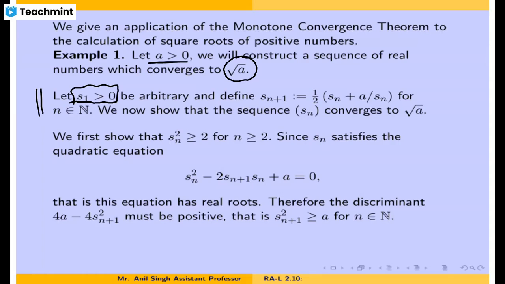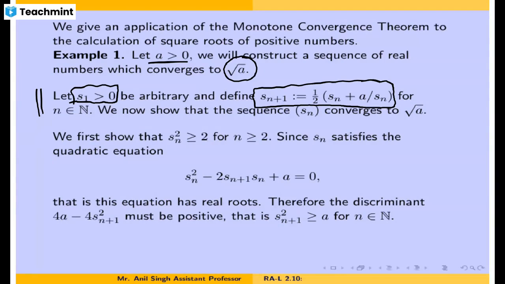Then, using this real number, we construct a sequence through this recurrence relation. The n plus 1th term is defined to be 1/2 of the sum of the nth term plus a upon the nth term of the sequence.